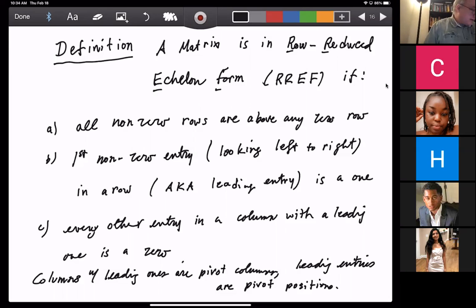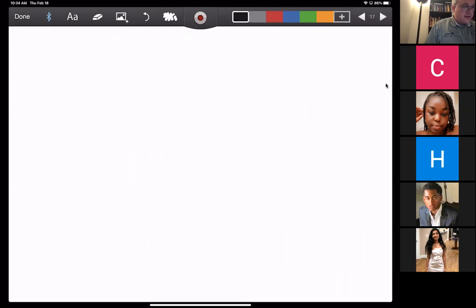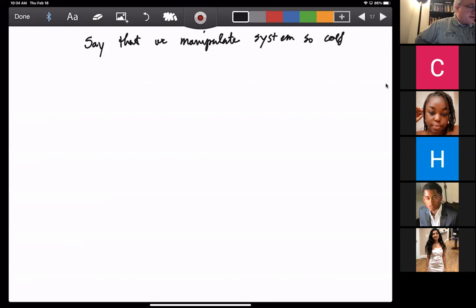Okay, so hopefully everyone's got this down. So here's an example. Let's say that we have a system of linear equations and we manipulate it so the coefficient matrix looks like the following.